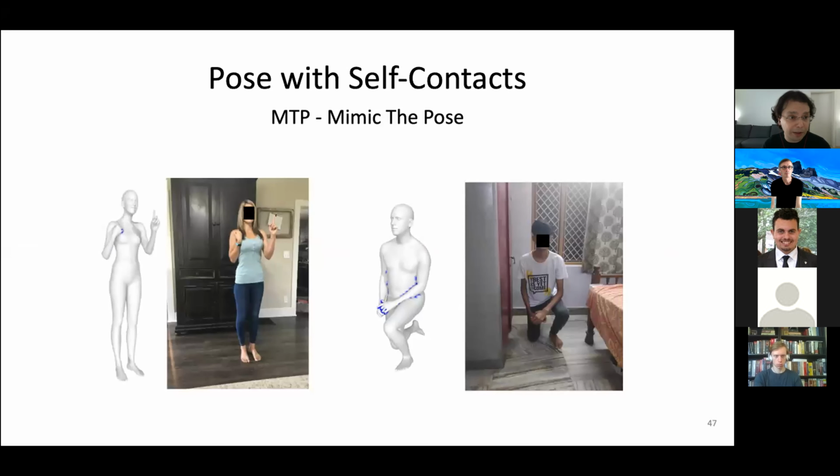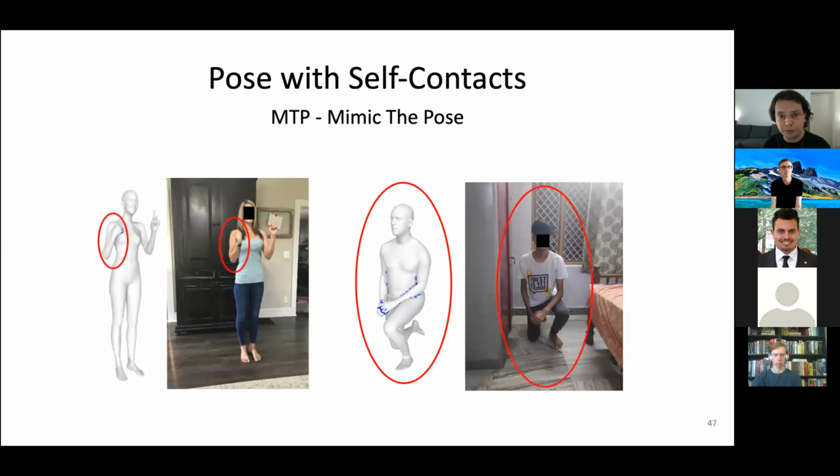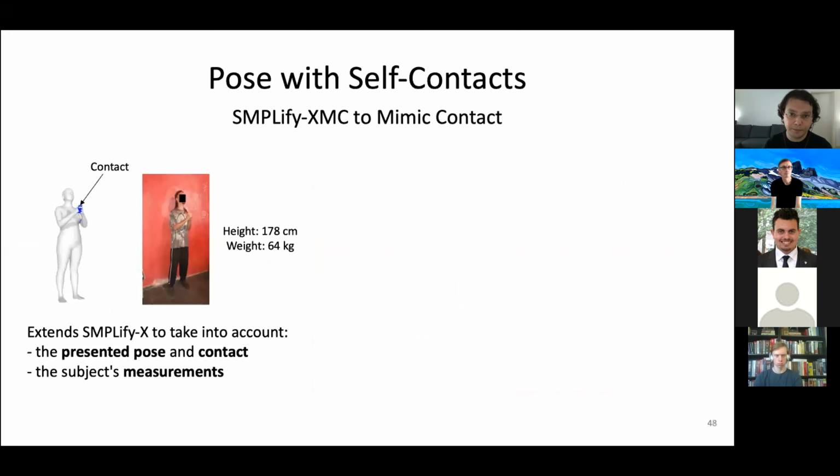The users mimic the poses reasonably well, but not perfectly. For example, here, please look at the hand position on the left and the global orientation on the right. To correct for these differences, the authors introduce SMPLify-XMC, which extends SMPLify-X for mimicking contact. SMPLify-XMC takes into account the presented pose and contact areas, as well as the subject's height and weight.